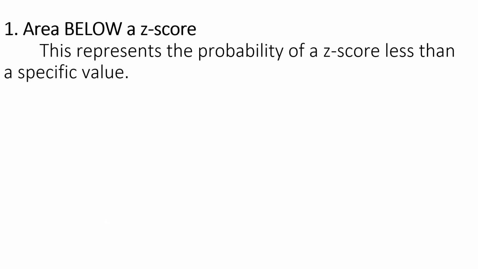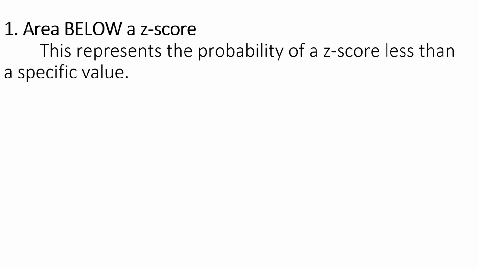In determining the probabilities using a standard normal curve, you're also finding the area of the shaded region using the bell curve using the z table. So we have 3 cases.